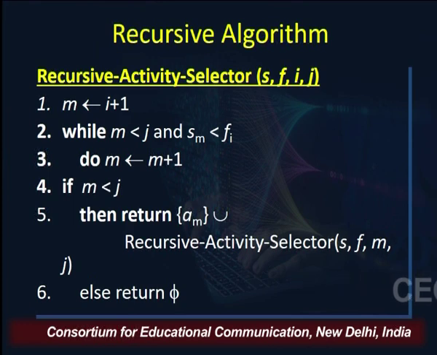So, if you look into this recursive algorithm, what are we going to do? We are picking the first activity with the least finishing time, and we are rejecting all the activities which are non-compatible with it, and then we will be looking into all other activities which are left in the set, and then we keep on building this solution.